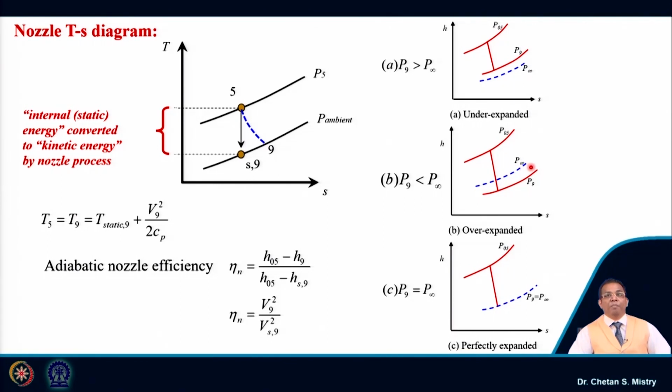So you can see here that P infinity is higher compared to P9. In the other case, my P infinity will be lower, which says P9 is greater than P infinity. In order to characterize this nozzle, we need to use the terminology called nozzle efficiency, or adiabatic nozzle efficiency, which is given by H05 minus H9 divided by H05 minus HS9. People also define that in terms of a velocity ratio.